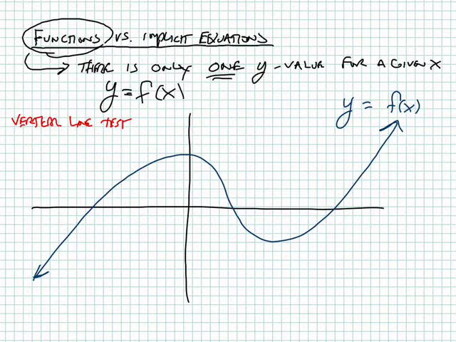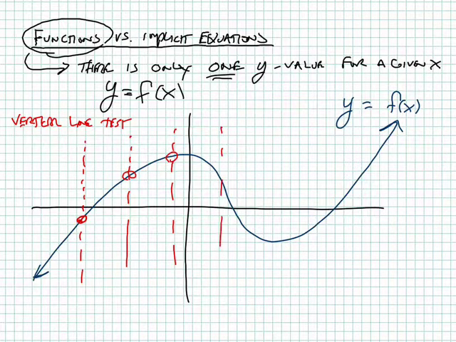So starting over here at the left, I'm just going to draw a vertical line. At this x value, there's only one y value. And I can keep drawing an infinite number of these vertical lines, and for every single x value there's only one y value. And so if this occurs for the entire graph, then I can say that this is a function. There's only one y value for a given x value.